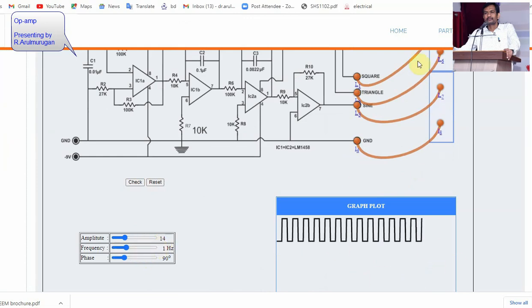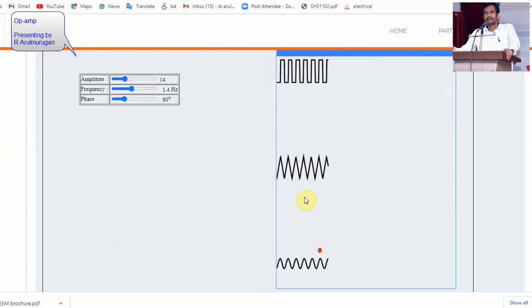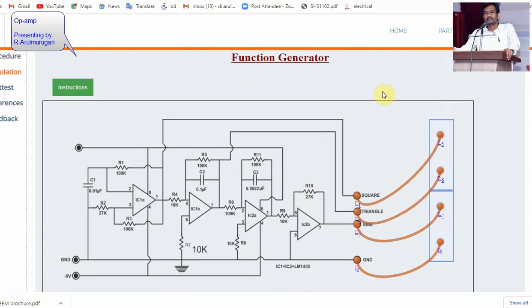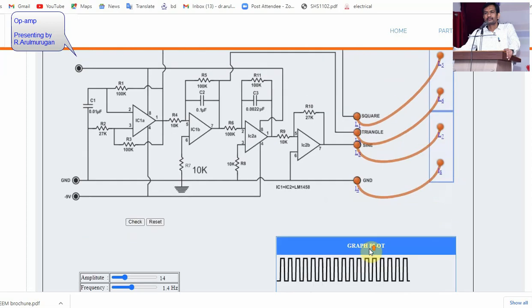Based on your waveform, the output to the CRO will display it. So the square waveform will come, then the triangular waveform. Vary those and you get the triangular waveform as well as the sine waveform. So that's all about the operational amplifier. You are going to develop the function generator with the help of the operational amplifier.